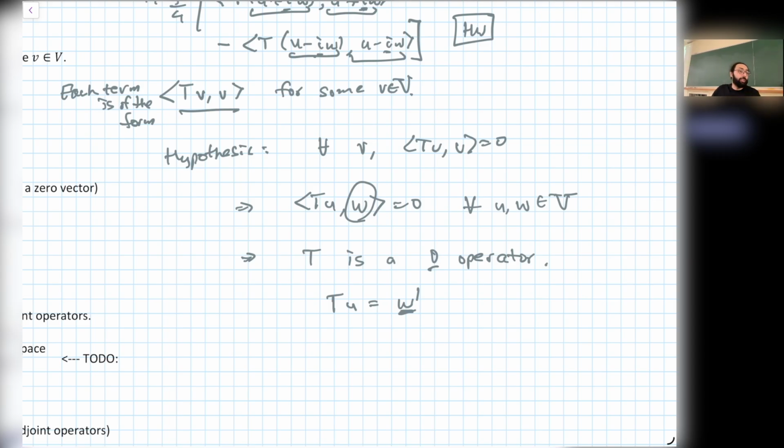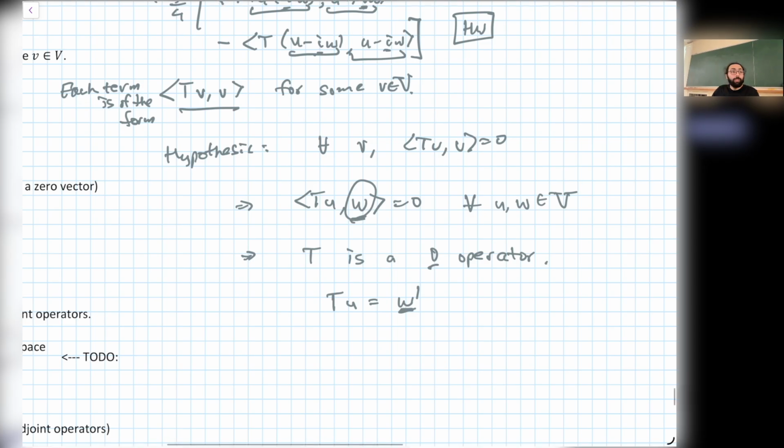This is the question you were asking the other day. That would give you that the inner product of w prime with itself is 0, and from the properties of the inner product, this can only happen when w prime itself is 0.